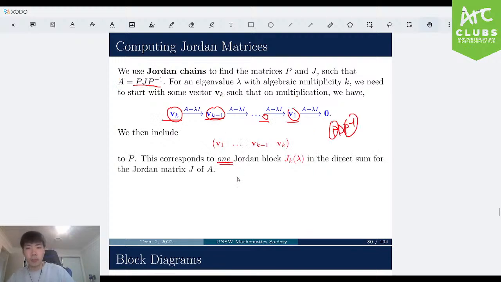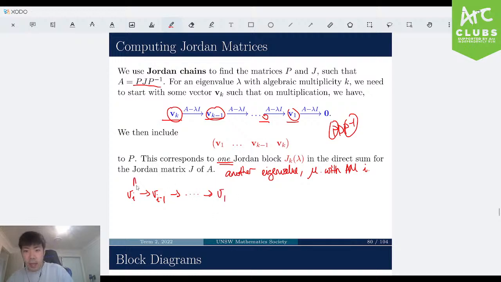So take, for example, that there's another eigenvalue, let's say mu, with algebraic multiplicity i. That means we have to repeat this entire process. So start, for example, with vi, go down to vi minus 1, down to v1.